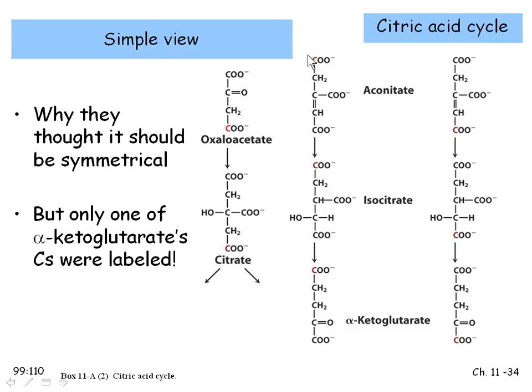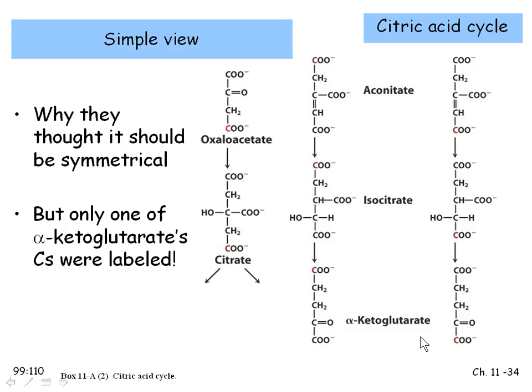In other words, it could have had the radioactive or labeled carbon at the top or at the bottom. And if the aconitate had it at the top, then the isocitrate would have it at that end, and the alpha-ketoglutarate would have it down on its tail. If it had made it this way, then you'd expect to see it on that end of the isocitrate and on that end of the alpha-ketoglutarate.